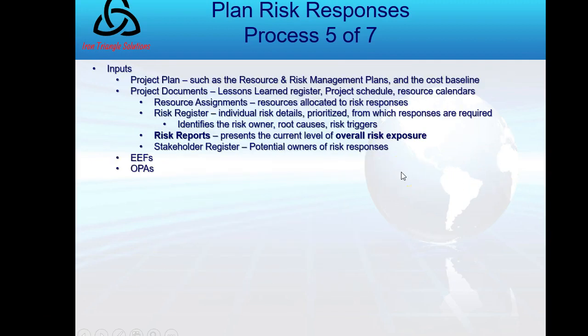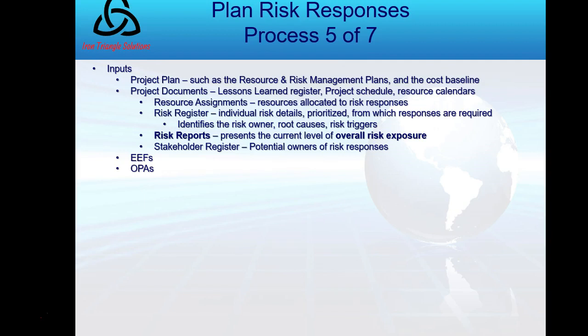Okay. So now we have inputs to plan risk responses. Those include the project plan. Of note would be resource and risk management plans, and of course a cost baseline, because when I implement a response, it costs money, and the contingency reserves will reflect that and are part of that cost summary. Then there are project documents, including resource assignments, right?